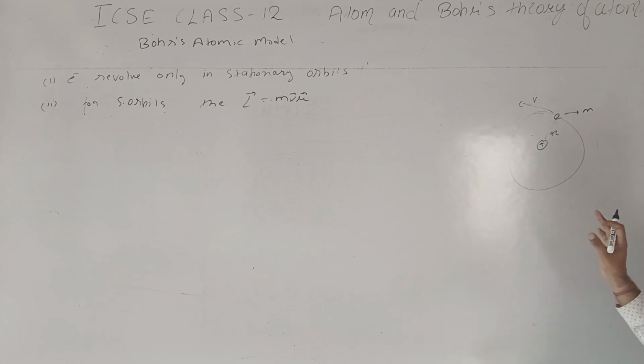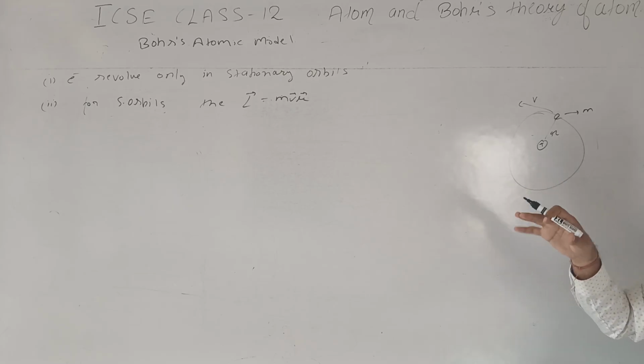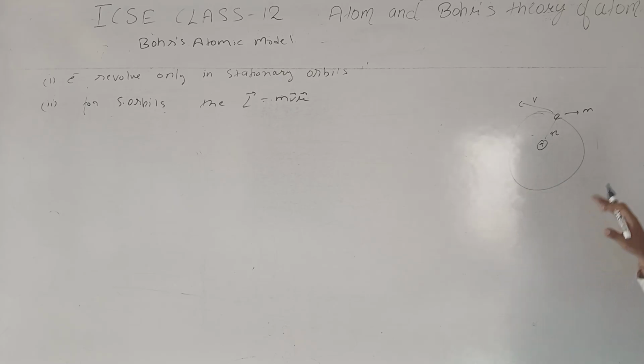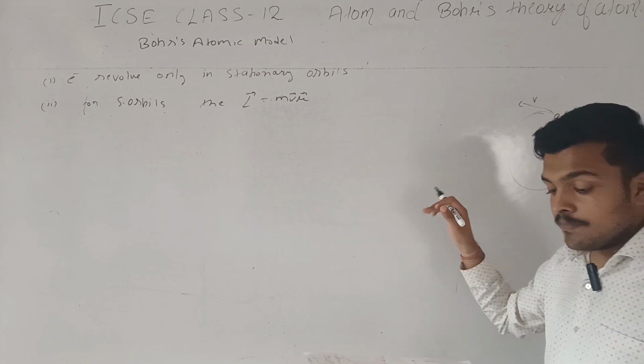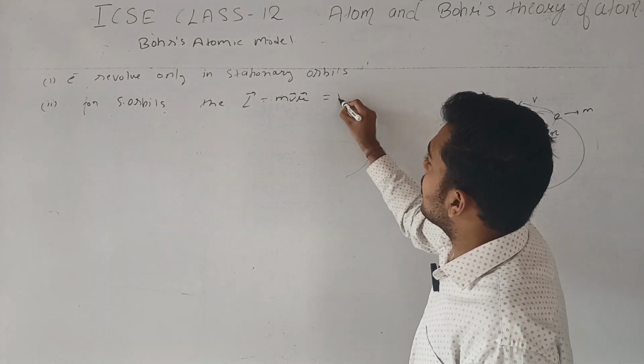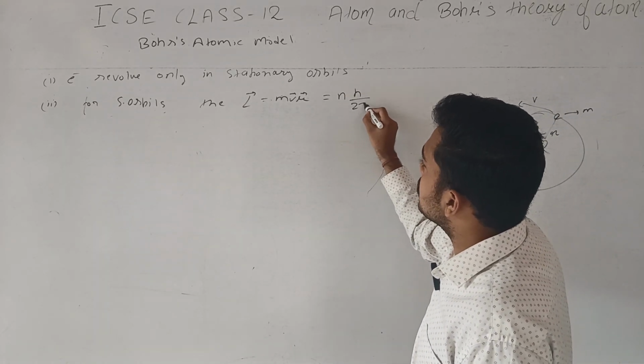So it has an angular momentum. Anything which is rotating has an angular momentum, and anything in linear motion has a linear momentum. For a stationary orbit, the angular momentum is an integral multiple of h by 2 pi.